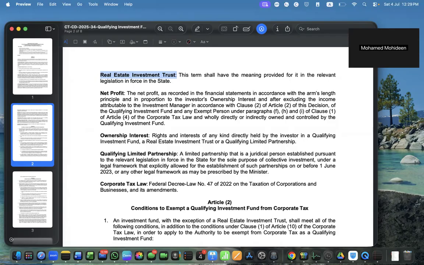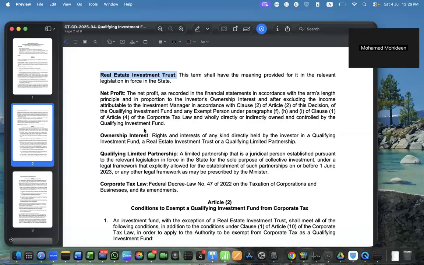And after excluding the income attributable to the investment manager in accordance with clause 2 of Article 2 of this decision, whatever compensation we give to the investment manager will be deducted, of the qualifying investment fund, and any exempt person under paragraphs F, H, and I of clause 1 of Article 2 of the corporate tax law, and wholly, directly or indirectly owned and controlled by the qualifying investment fund.